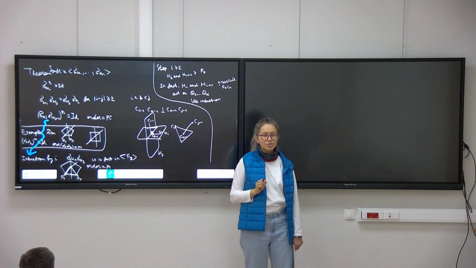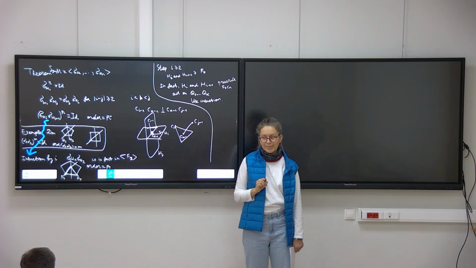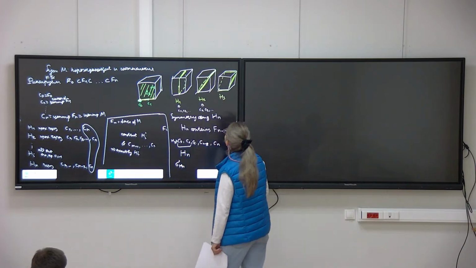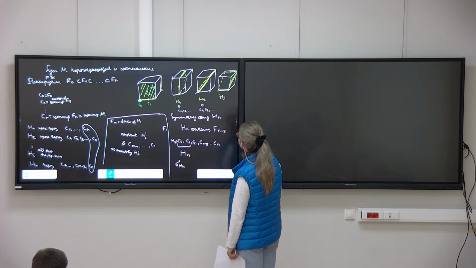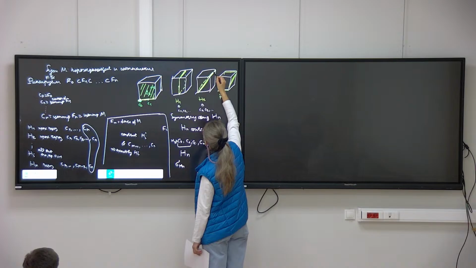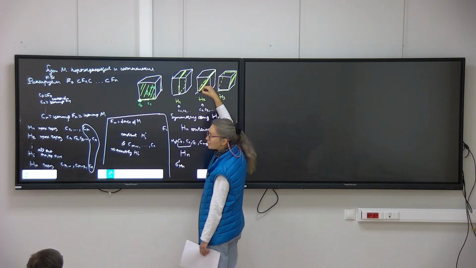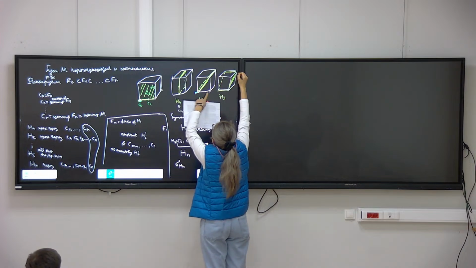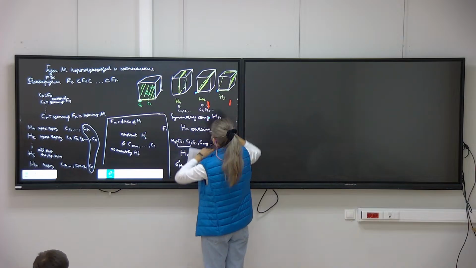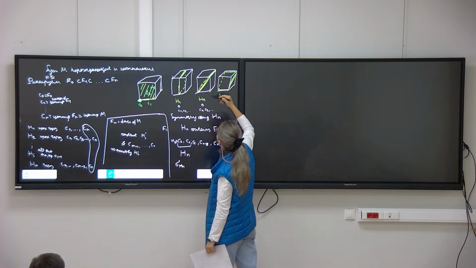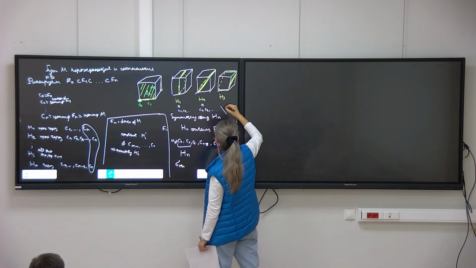I can show you how it works for the cube. So where is our cube? H2 and H3, in fact, they both preserve this diagonal. So they preserve this diagonal, and in fact they act in this triangle.